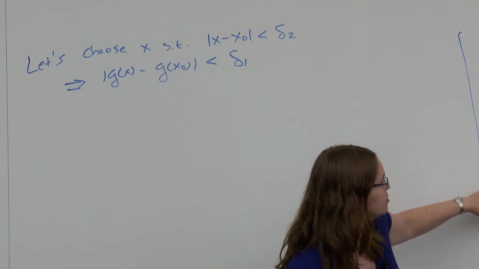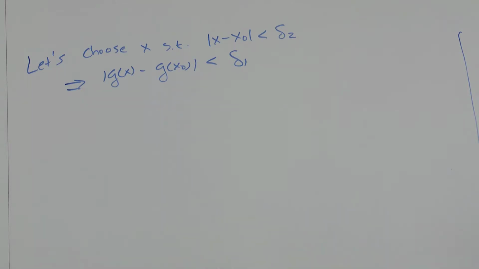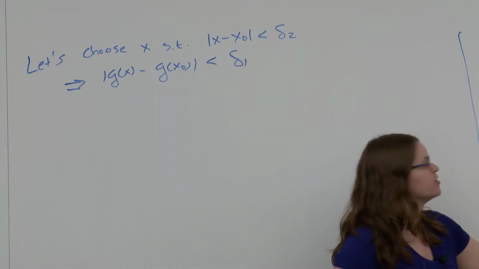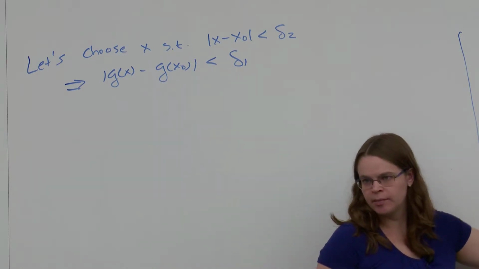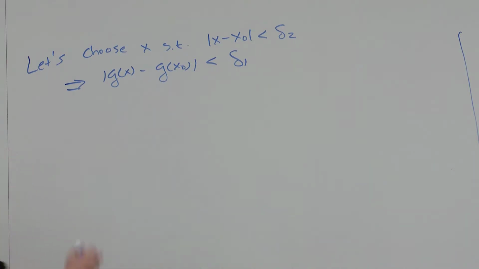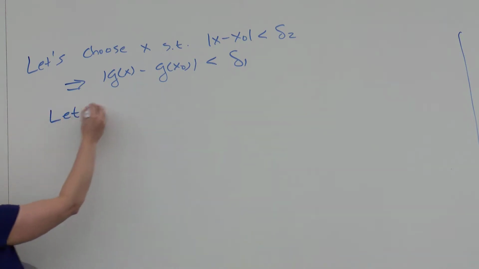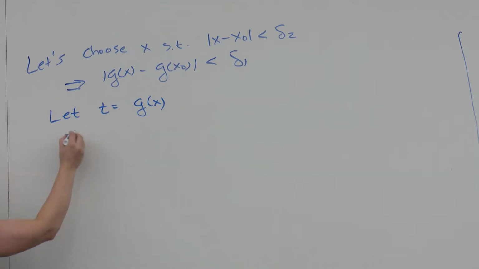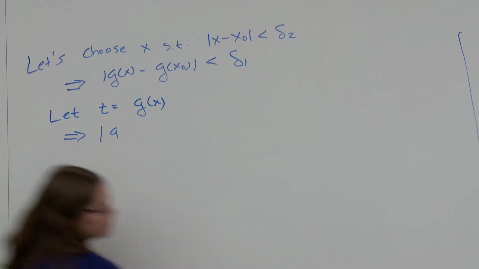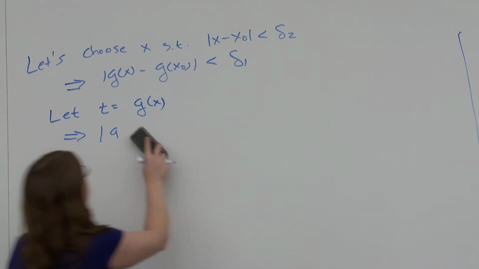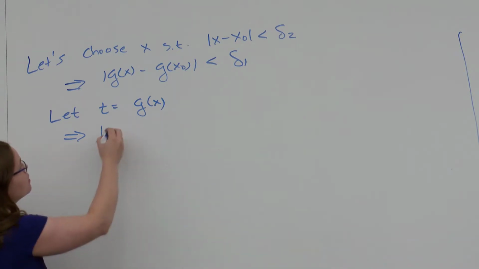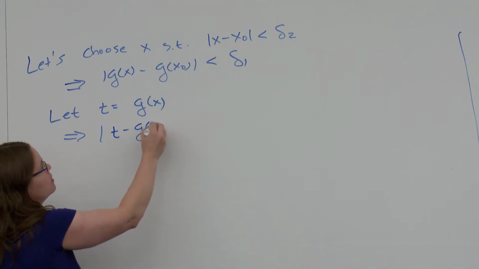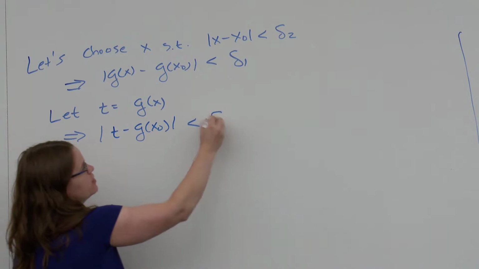All this says is that for any number that satisfies this condition, the condition is satisfied if I use the same number here. So let's let t equals g of x. Then what we have is t minus g of x naught is less than delta 1.